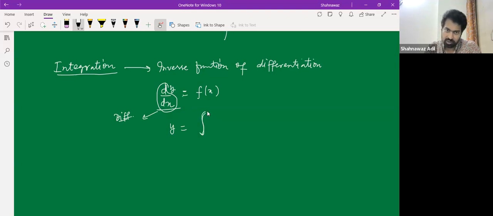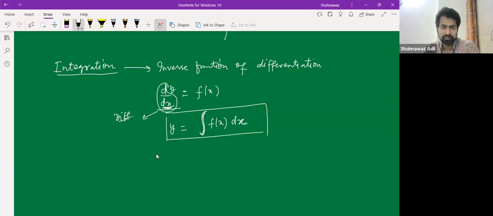This is called integration, and it is also done with respect to dx. In differentiation we did it with respect to x, so again this integration is done with respect to x.